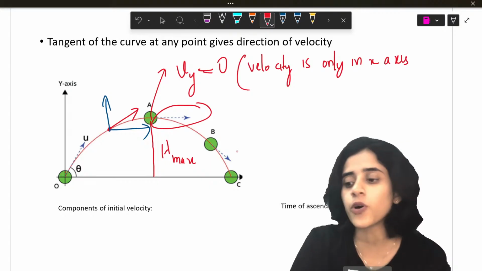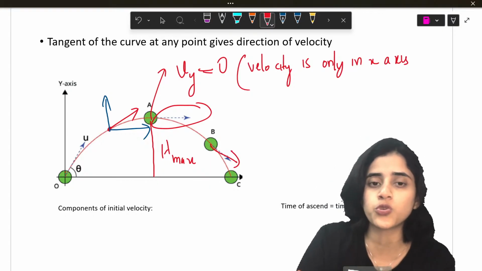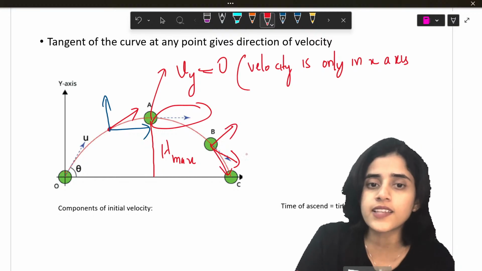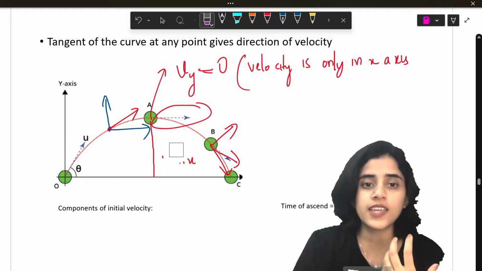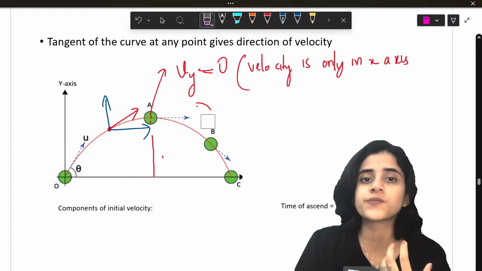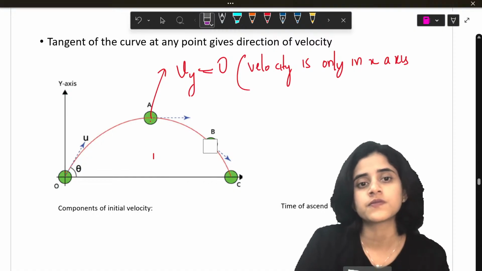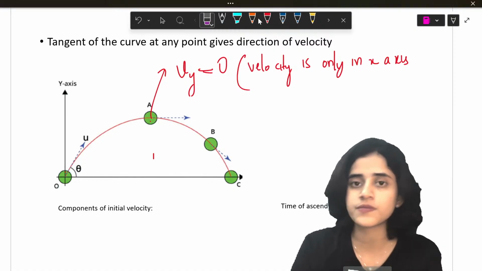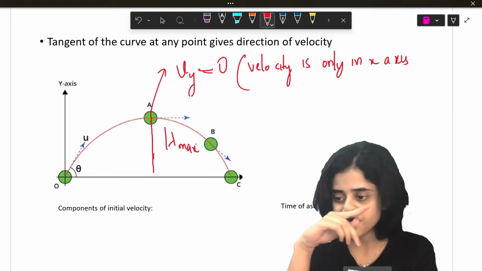But any other point you take, you have two components. See here, velocity is in a random direction. So you need to take y-axis and x-axis. But only at point A, velocity is along x-axis only. Okay? Yes. So this is H max.